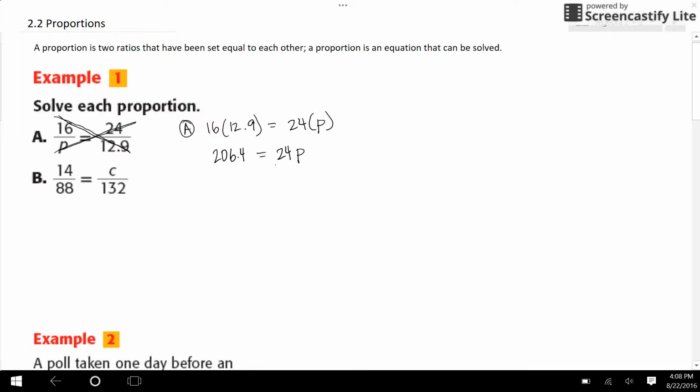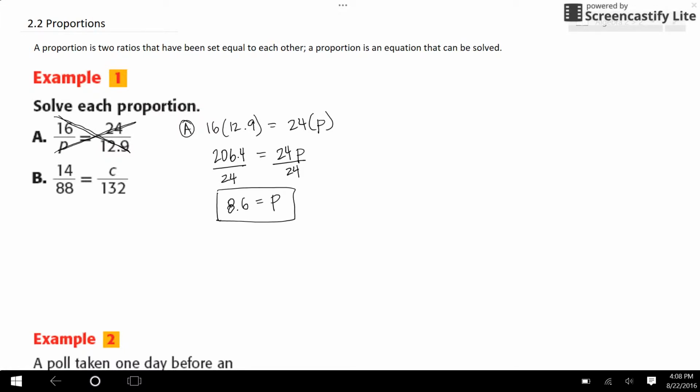And then I'm going to solve like we did last section. I'm going to divide both of these by 24. And if I divide that by 24, I get the magic 8.6. And so that means that little p right there is 8.6. Not bad at all.